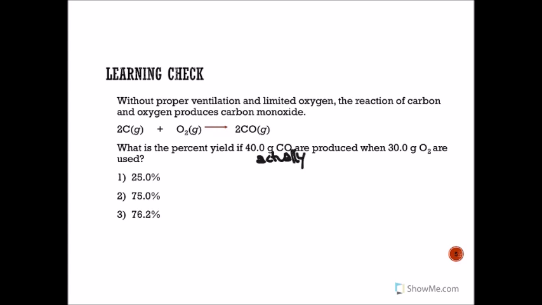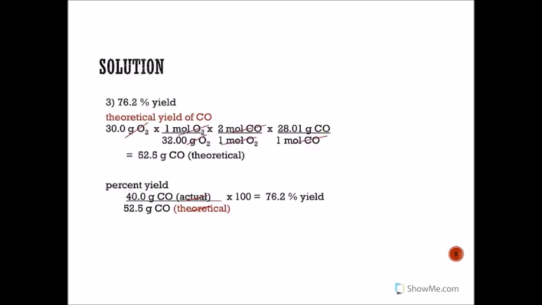We started with 30 grams of oxygen. We need to figure out how many grams of carbon monoxide we could mathematically produce, and then use our actual yield divided by our theoretical yield to get our percent yield.